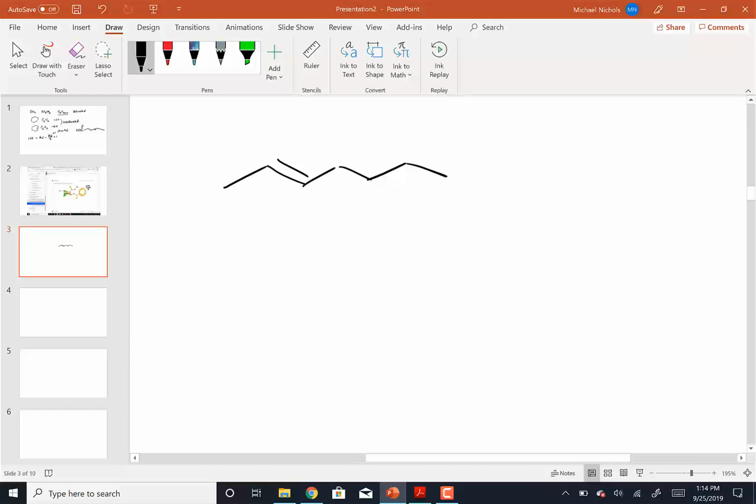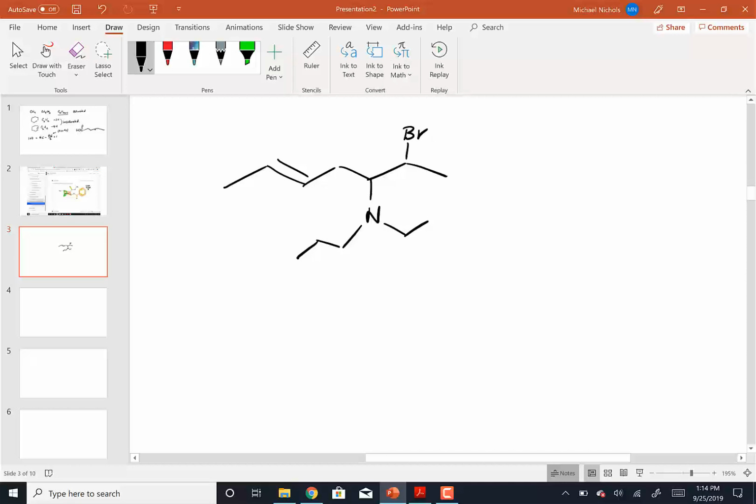Let's put an amine here. Let's attach to that amine. Here, let's do that. Then, just for the sake of argument, let's add a bromine. Anything else we want to add in here?